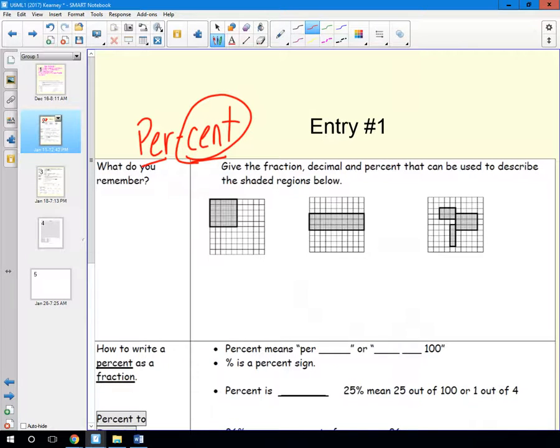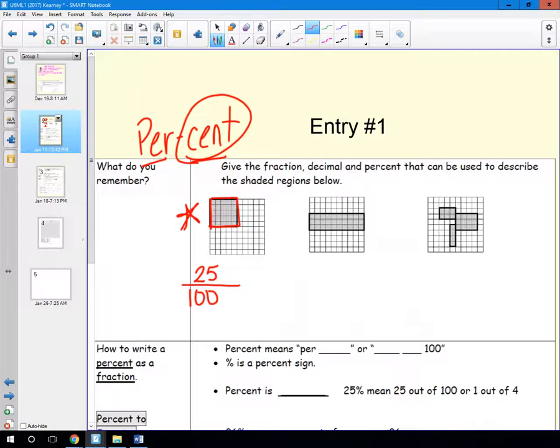So when we look at these pictures, this is a perfect representation of per 100. You see 100 little tiny boxes, and if you count, there are actually 25 of them shaded in. So if I wanted to write a fraction, decimal, and a percent, we'd say there are 25 out of the 100 shaded in.